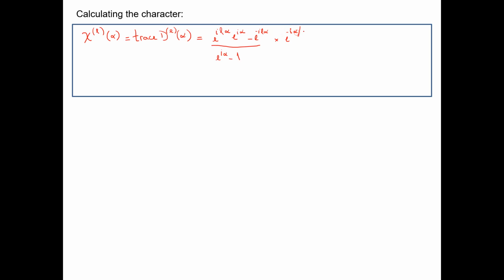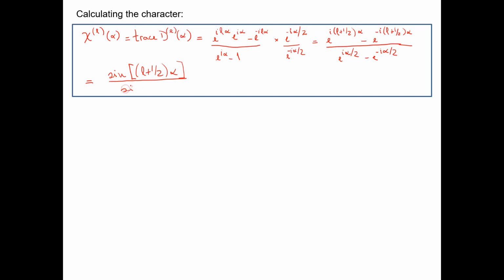I can multiply this by e to the minus i alpha over 2 in the numerator and in the denominator, and the result of that is e to the i (L plus 1/2) alpha minus e to the minus i (L plus 1/2) alpha, and in the denominator we have e to the i alpha over 2 minus e to the minus i alpha over 2, and so basically we have sine of (L plus 1/2) alpha divided by the sine of alpha over 2, right?